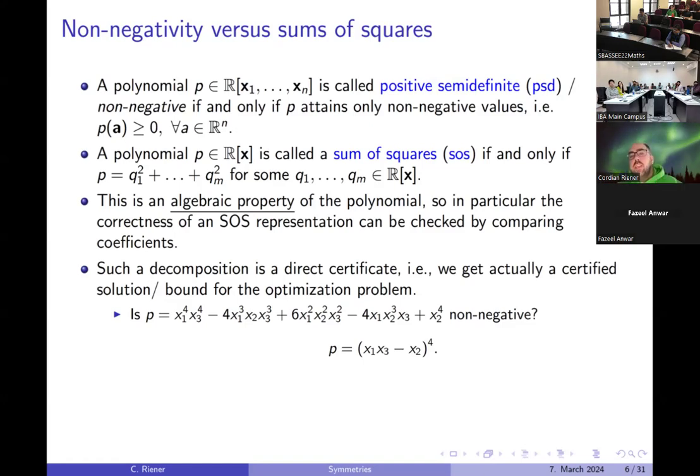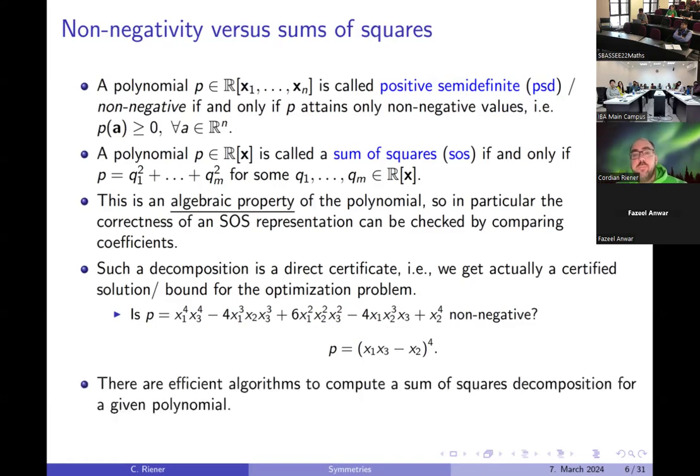So it is sort of an algebraic question, and an answer to this algebraic question gives us a lot of information on the actual function. So this is very exciting actually to have. We won't go into details here. The good thing is there are very good algorithms to compute such a sum of squares decomposition for a given polynomial.